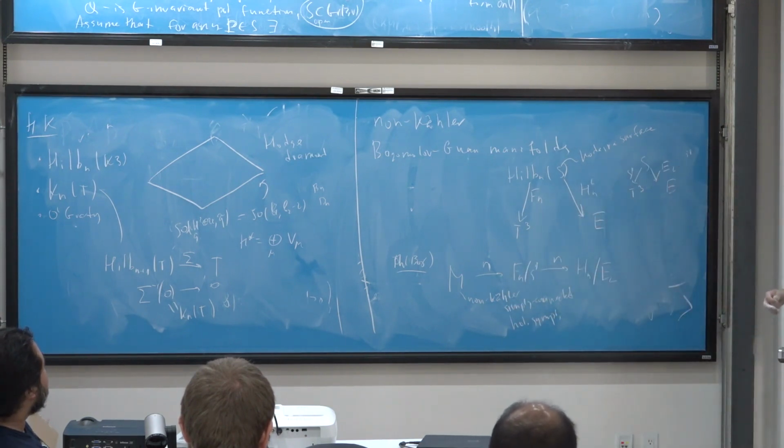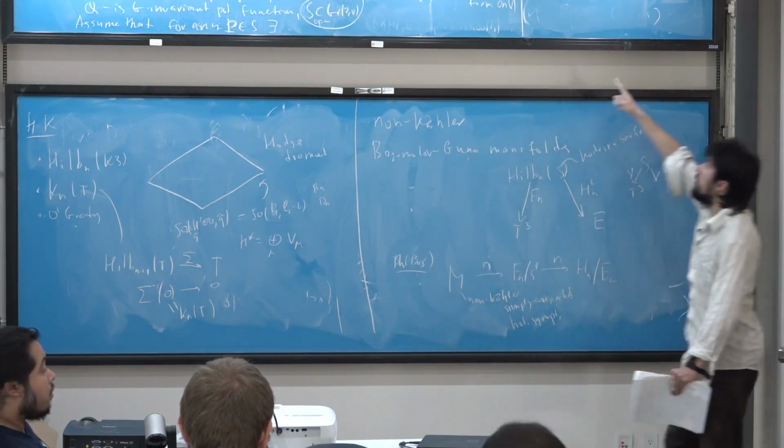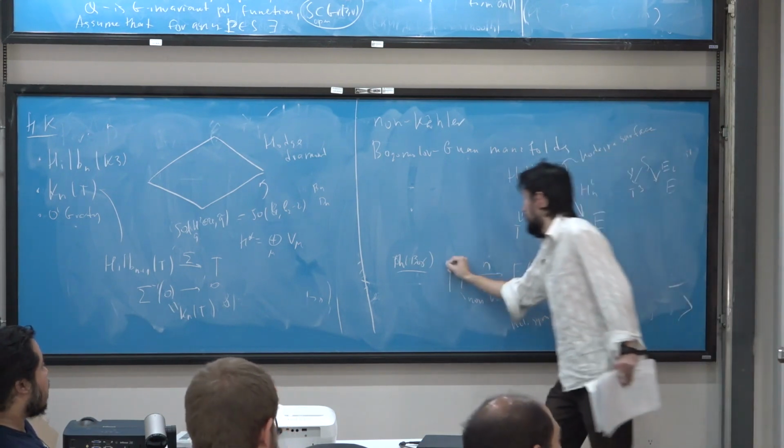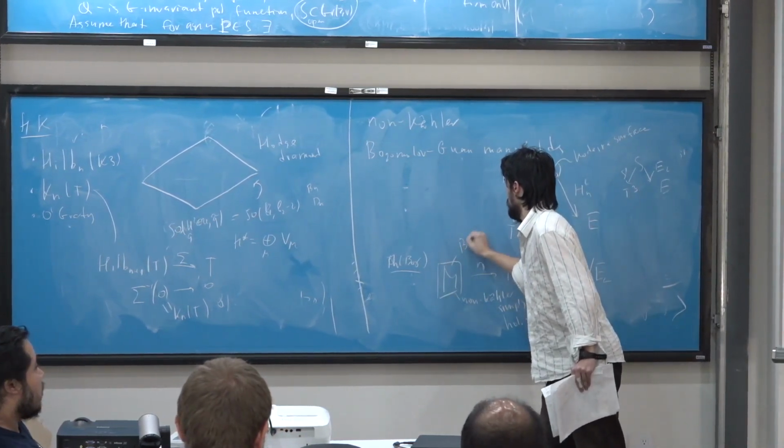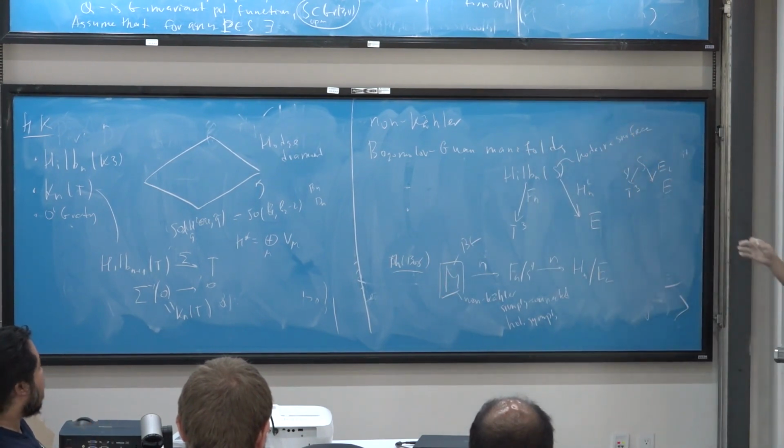And this map is a ramified covering of degree n. And this M, which is called Bogomolov-Guan, satisfies the assumptions of the theorem.